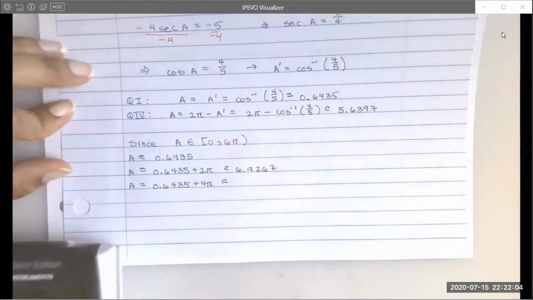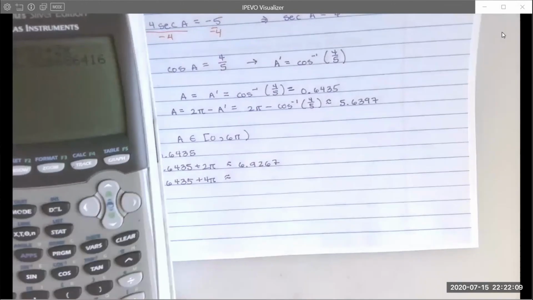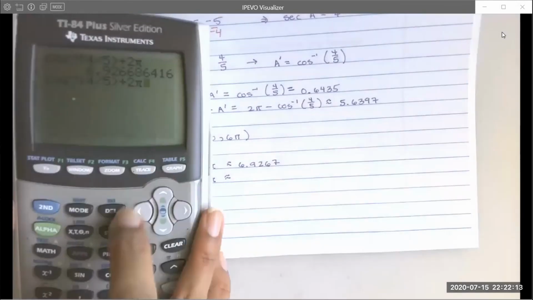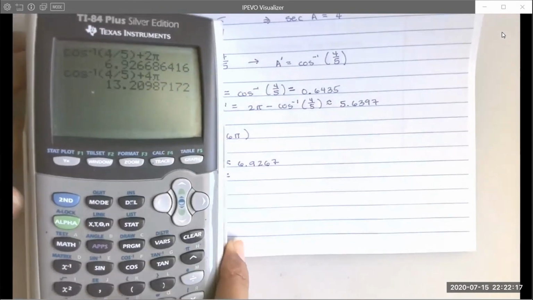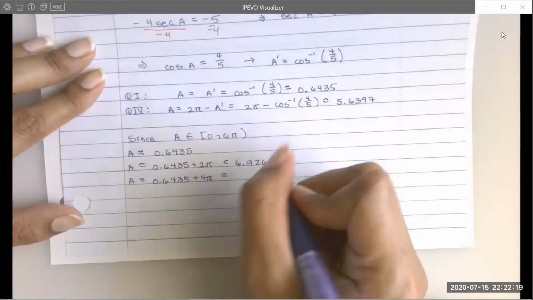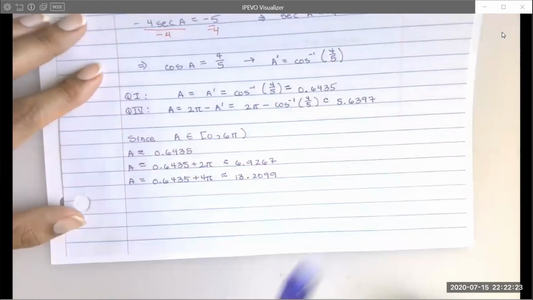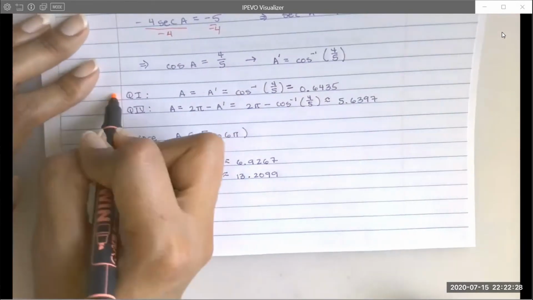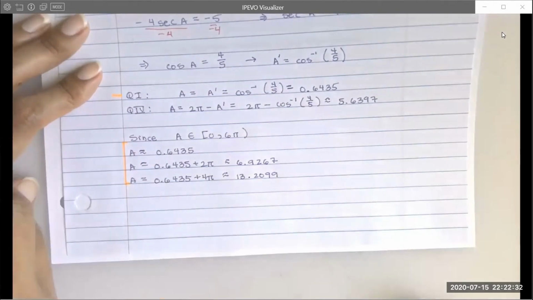For 4 pi, we're going to have 13.2099. And all of those would be from the one that is in quadrant number 1. Just that.